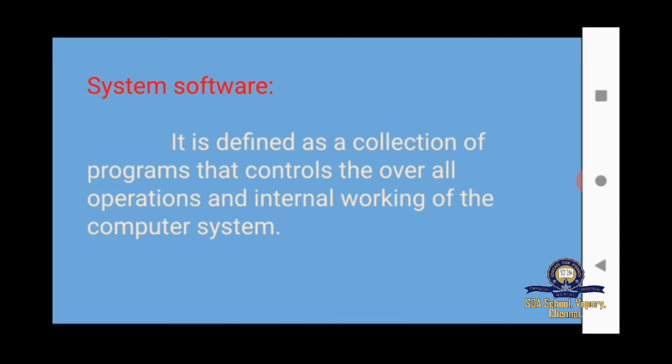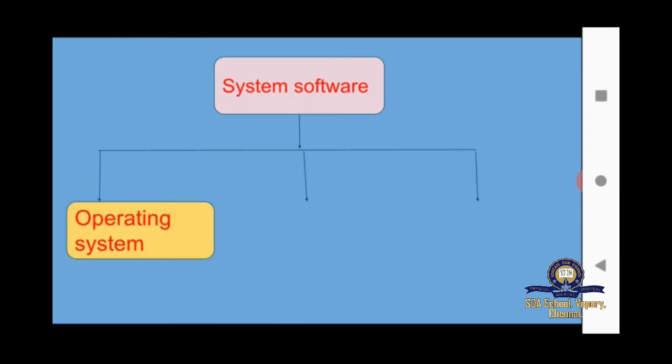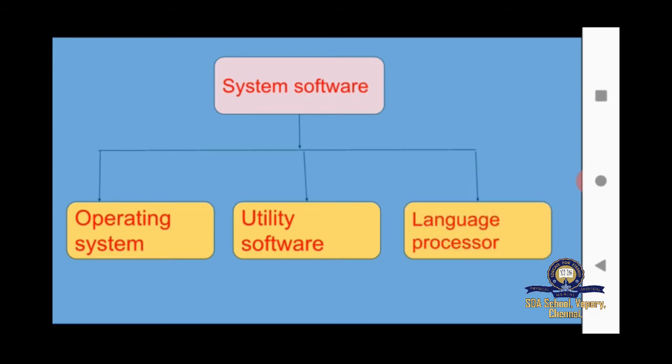We give many user programs, but the system software is a collection of all the programs that control the overall operations of a computer system. System software is classified into three types: operating system, utility software, and language processor.